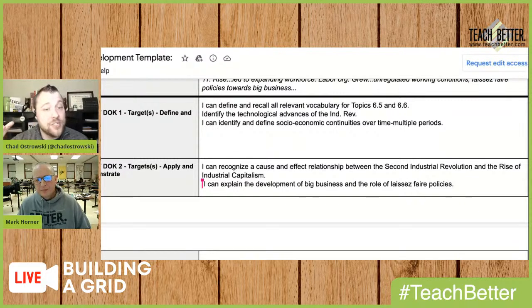Because if you pre-assess your students and you're like, wow, you already know the vocabulary, you already know what the technological advances are, you already know the socioeconomic continuities, I'm going to start you on level 2. Yeah. Now that student's right where they need to be, and they're not having to go through all the stuff that they already know.